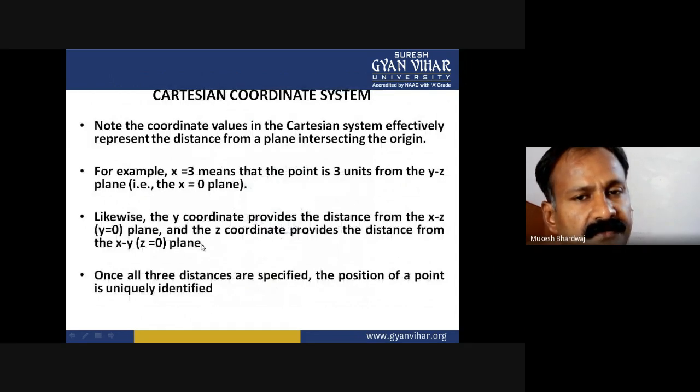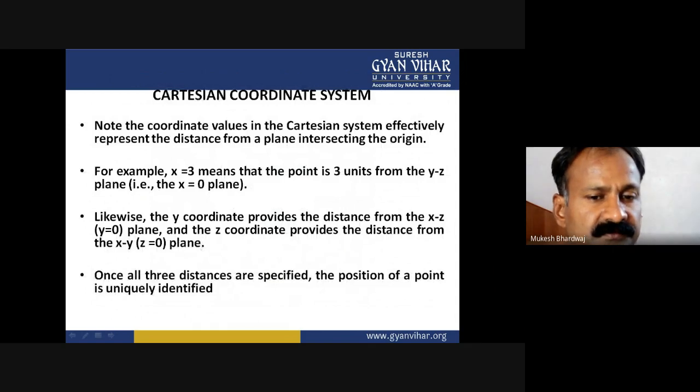Note that the coordinate values in the Cartesian system effectively represent the distance from a plane intersecting the origin. For example, x equals 3 means that the point is 3 units from the yz plane, that is, the x equals 0 plane.